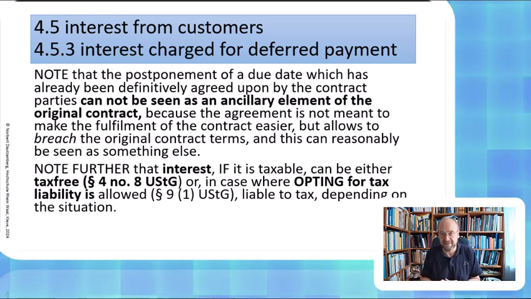If the interest is now taxable, then it will be tax-free in the next step, usually, with the exception of the rare cases where the entrepreneur can opt for liability to tax on interest. That would be found in paragraph 4, number 8, and paragraph 9, UStG. You remember that there were several occasions where a tax-exempt transaction can be voluntarily transformed into a transaction which is liable to tax.